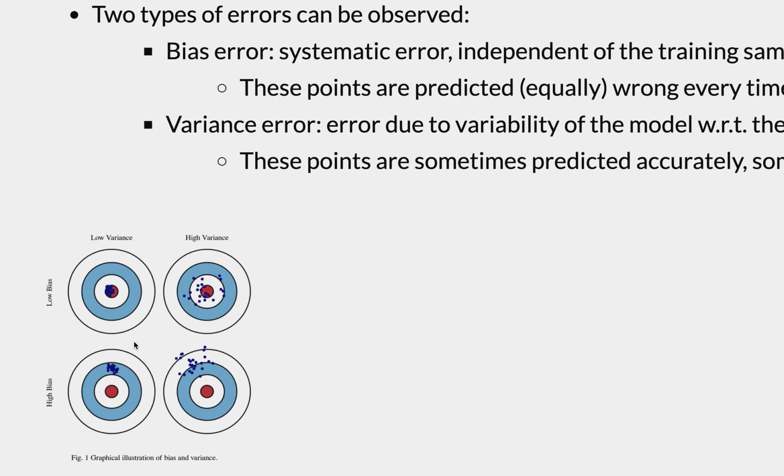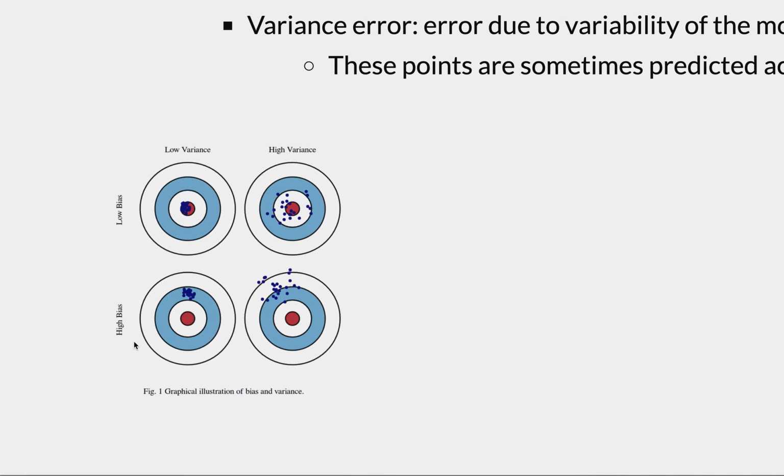So, graphically shown, these different points here are the scores of your model, and you want to be in the bullseye. It's the score of your model by simply training it on different training sets. So if we train this model on different training set samples, and every time we are giving the correct predictions, then we have low bias, low variance.